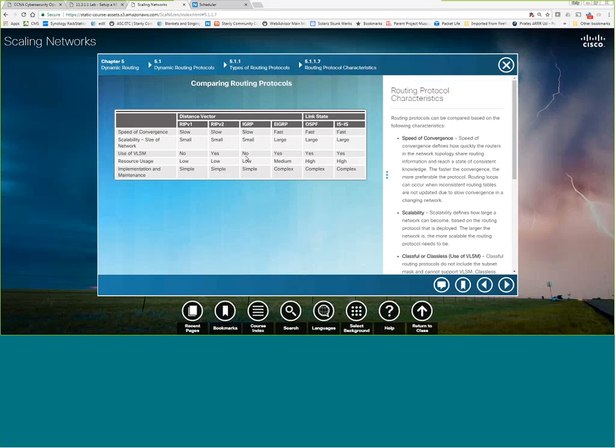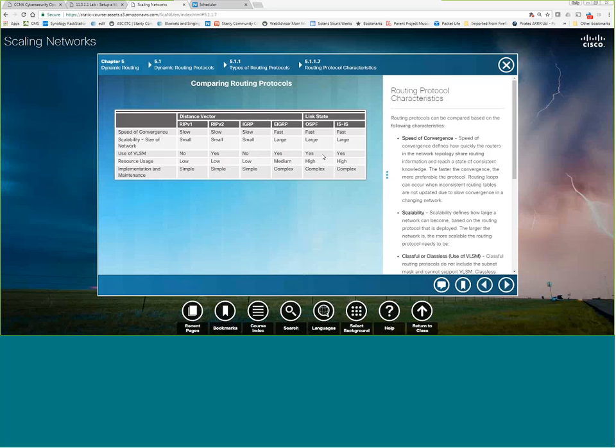The resource usage is low for RIP v2 because think about how simple the metric is. You literally add together the number of routers that you go through, and that's your hop count. With EIGRP, you've got to actually go through and look at the bandwidth plus the sum of the delays to each network to figure out your metric.